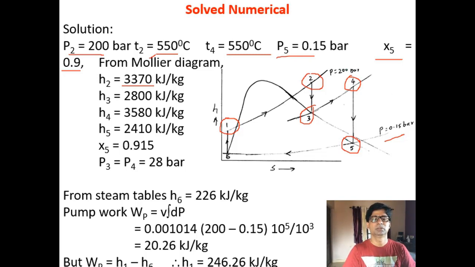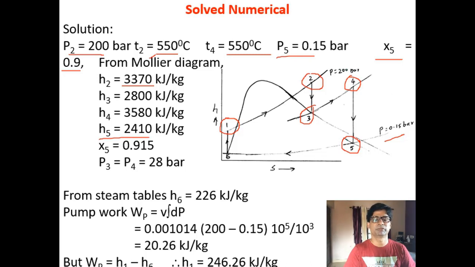Now since you don't know the intermediate pressure, let us locate point 5 first. Point 5 has a dryness fraction of 0.9 and pressure 0.15 bar. If you locate this point 5, the intersection of 0.15 bar and X5 equal to 0.9, you will get H5.